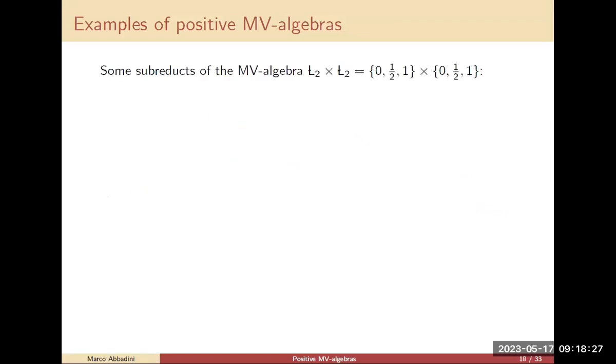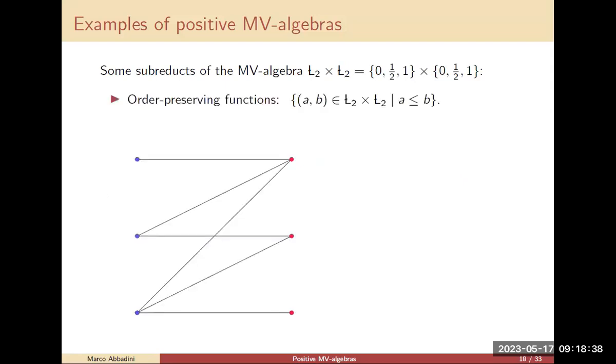As a further example, let's see some subreducts of the MV-algebra L2 times L2. So we have L2 times L2, and any positive subreduct would be a positive MV-algebra. So here is my copy of L2: 0, half, 1. Here's my other copy of L2: 0, half, 1. And I connected the two elements if I'm taking them in the subalgebra I'm considering.